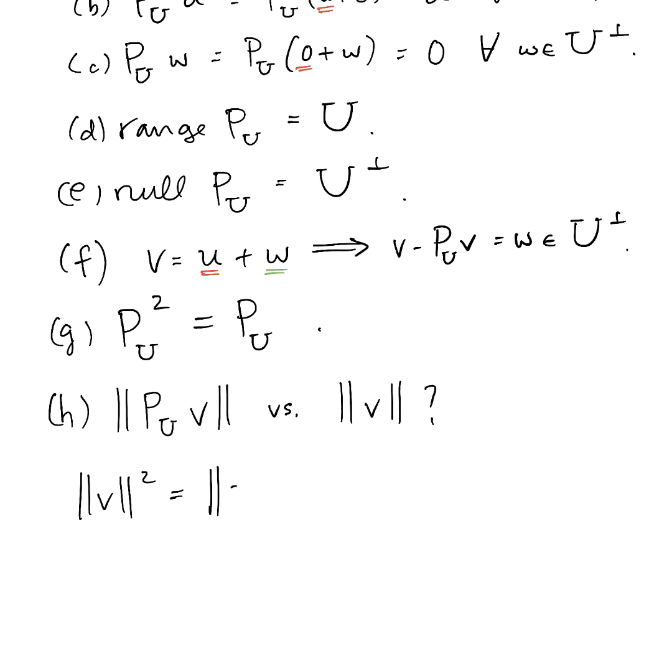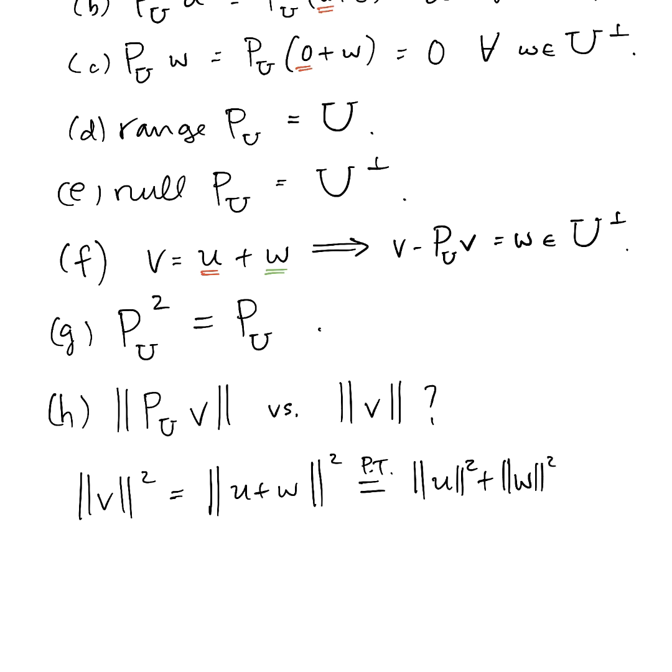Well, V we know is written as U plus W uniquely. It's a direct sum after all. So V is U plus W. And in that expression, think about where U and W come from. U comes from the red blob, and W comes from the green blob. So they're orthogonal to one another. So by Pythagorean theorem, the square of the norm of U plus W is norm U squared plus norm W squared.